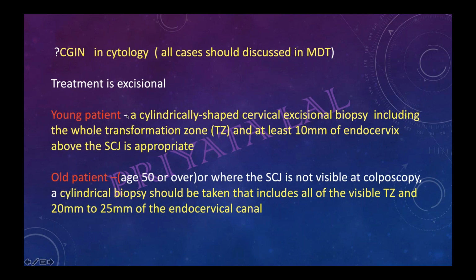Yes, in a young patient, usually the transformation zone is hormonally active. So in young patients, this type of finding is very less, that you are not able to see the transformation zone or squamocolumnar junction. It happens in old patients when it moves inside. Okay, ma'am. Means it is generally found in menopausal patients, inadequate colposcopy.